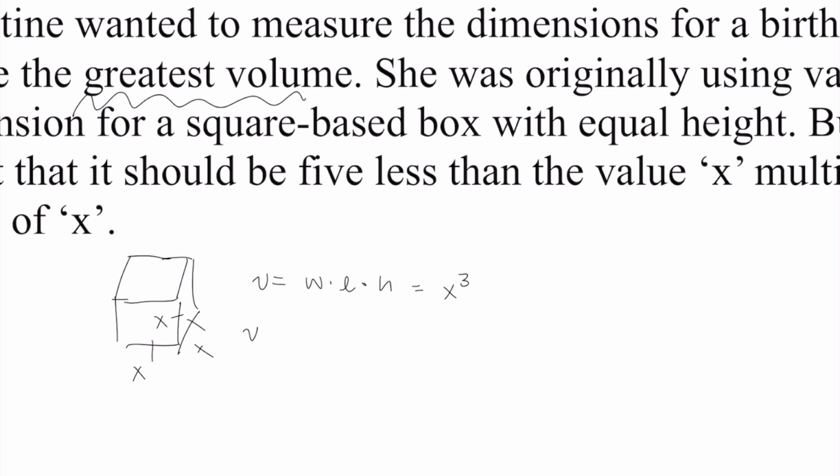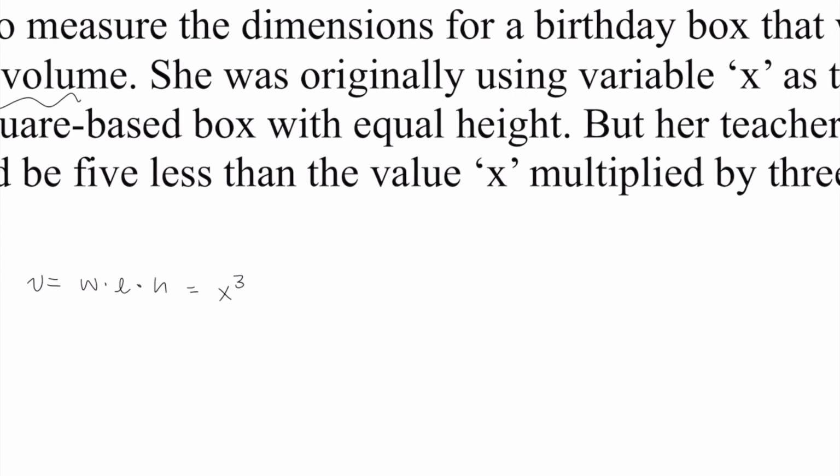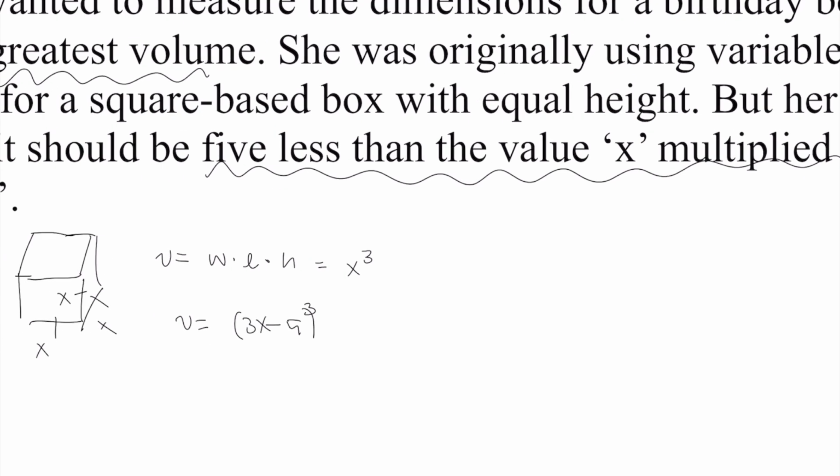But apparently her teacher gave her a hint that it should be 5 less than the value of x multiplied by 3. So V is actually going to be 3x minus 5 to the power of 3. Yeah, that's the equation for the volume. So let's see how we can optimize.